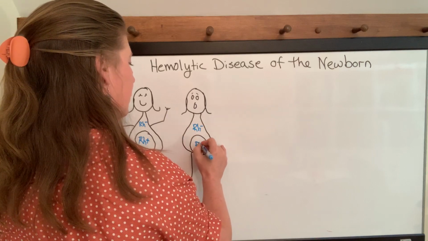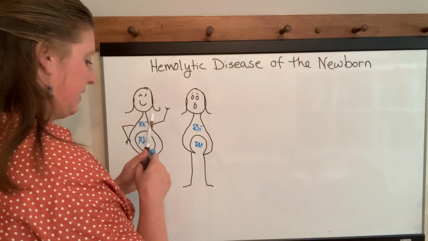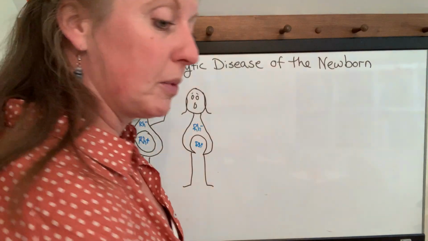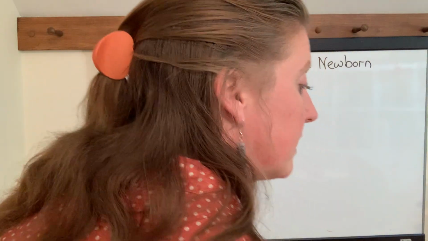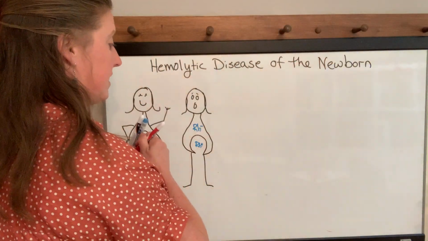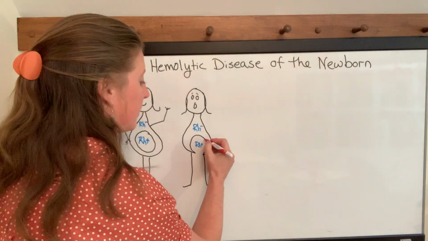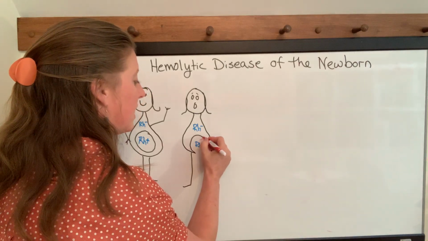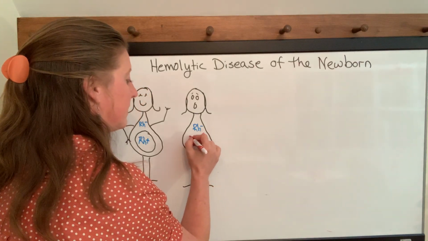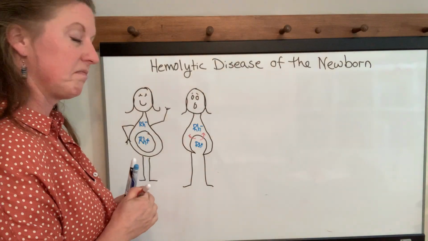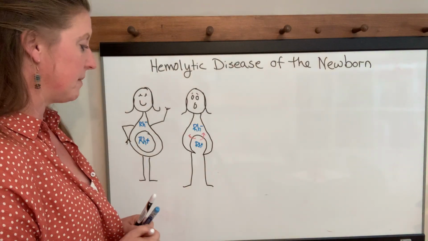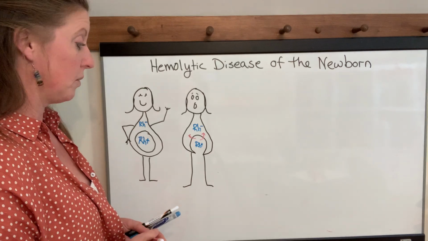The baby is still Rh positive. But childbirth is a bloody, messy process. So somewhere during childbirth, some of the baby's blood is going to cross the placenta and be able to enter mom's bloodstream. That doesn't bother this baby or mom really at this point.